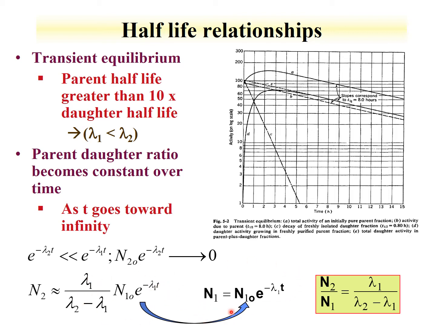It becomes this equation, and then we can just look at a ratio. This constant ratio is shown here, where this term is what defines the ratio. So the ratio between the number of daughter atoms and the number of parent atoms at equilibrium is equal to the parent decay constant divided by the difference between the daughter and the parent decay constants.